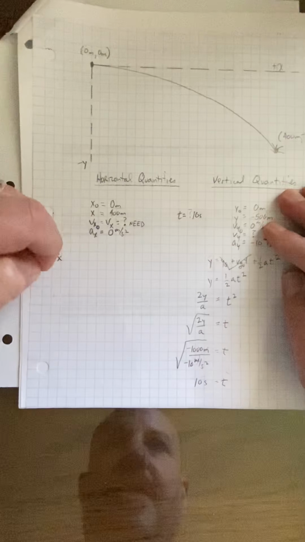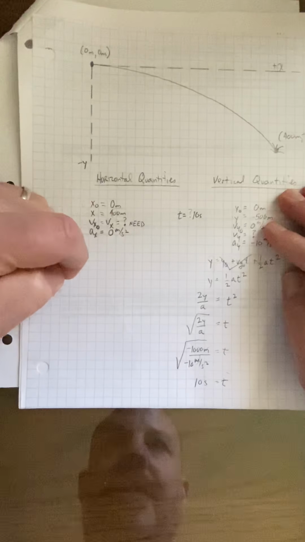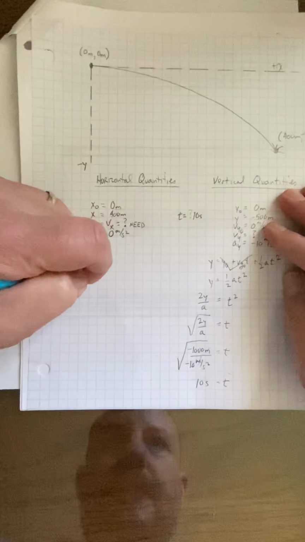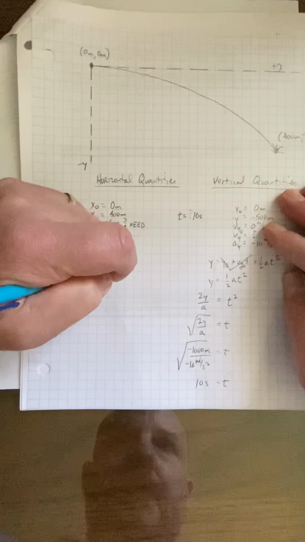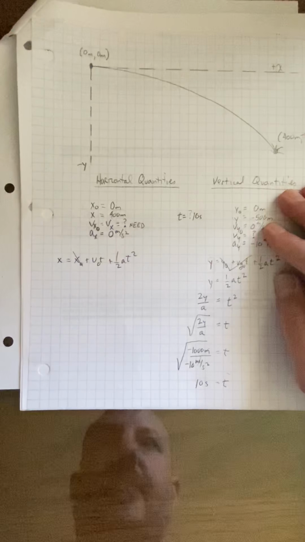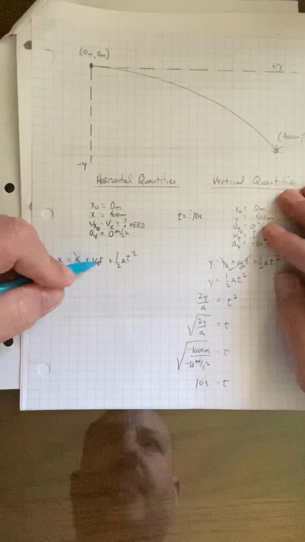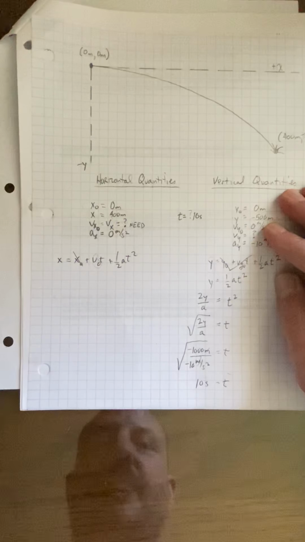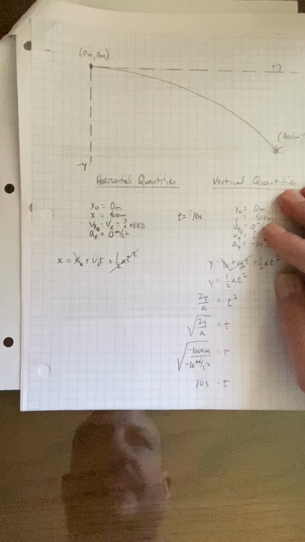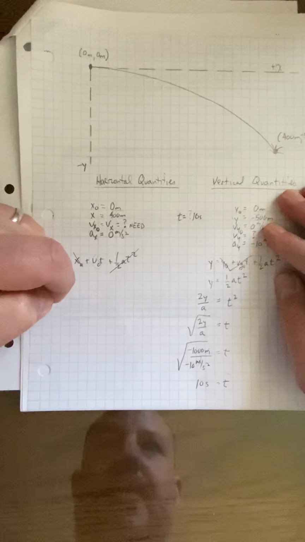So I could take this same equation, apply it to the x direction. We say it started at the origin. This is what I want. I want to know how fast it was moving at the beginning, because it stays moving that speed. And I know horizontally there's no acceleration. So this is what my equation turns into.